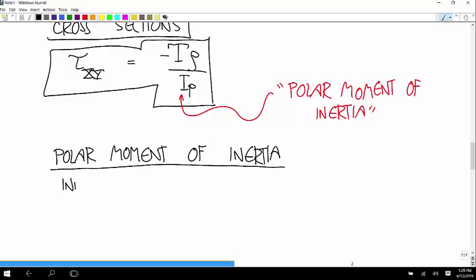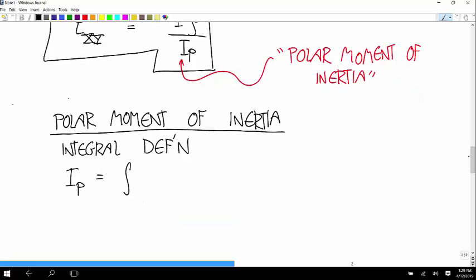The integral definition for this says I sub p is equal to the integral of rho squared dA, and this is from the inner radius to the outer radius.